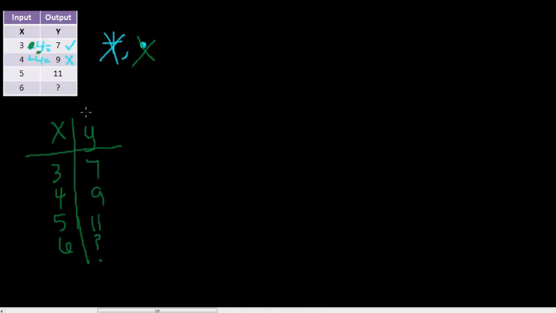This one has a constant rate of change. So it's changing at the same rate. There's still a rule here, but it's going to take a little bit more to figure it out.